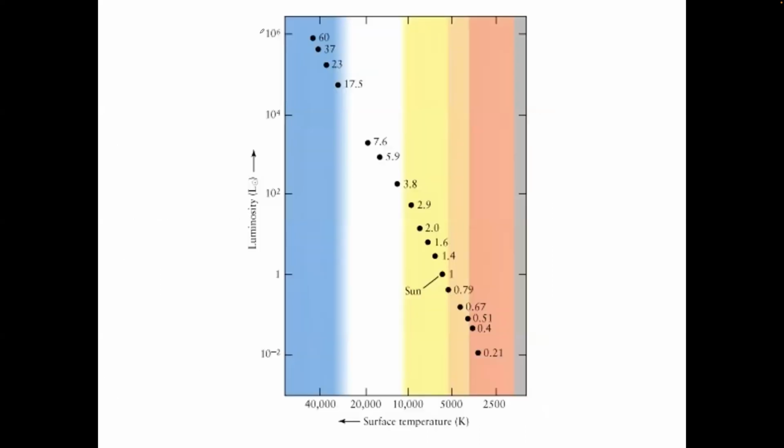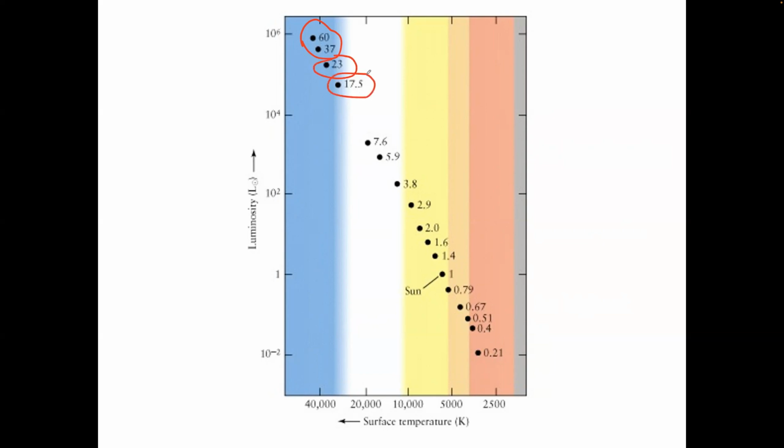Now, to understand this, here is again an HR diagram where I have mentioned the relative masses you could have for each region of the HR diagram. Now you can see that the stars in this top left-hand corner have masses like 60 solar masses, 37 solar masses, then 23 solar masses, and then 17.5 solar masses, like that.